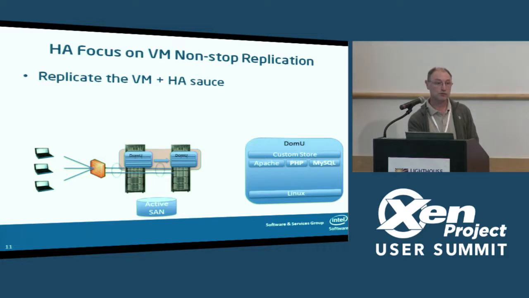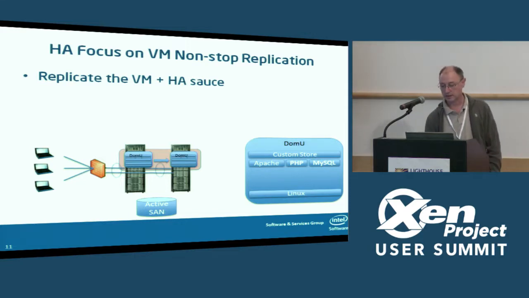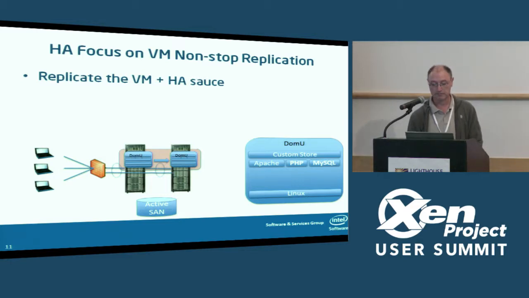We switched over to a SAN. This is just because the software deals with a SAN here, our special sauce. And other than that, the software stack that's in the DOM-U there is the same as our original server software. So it's just Linux, it's the LAMP stack with the custom store.